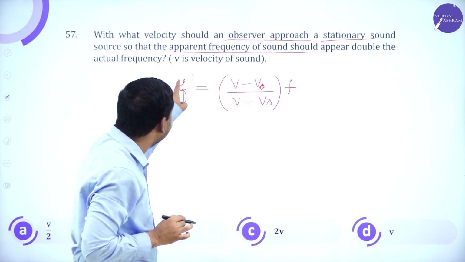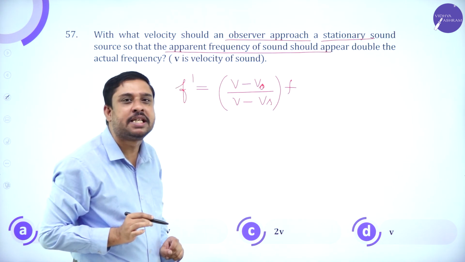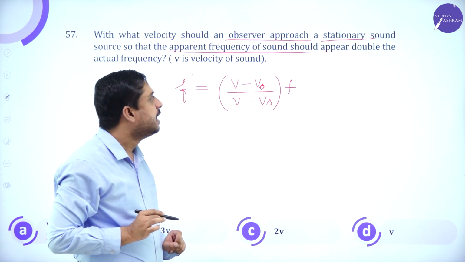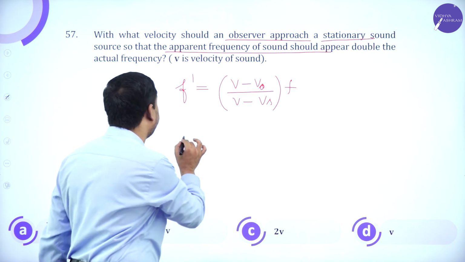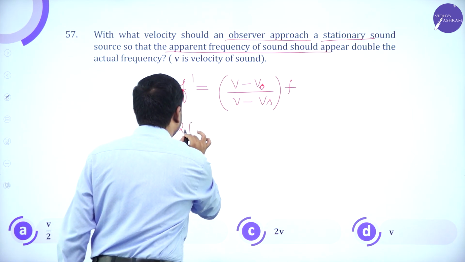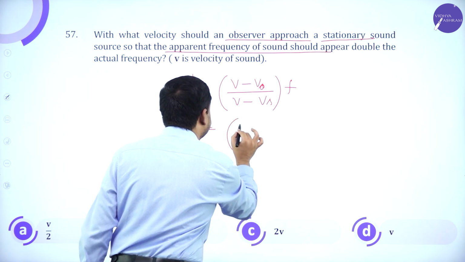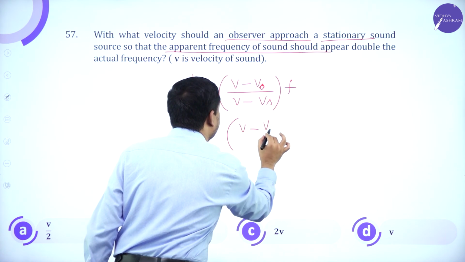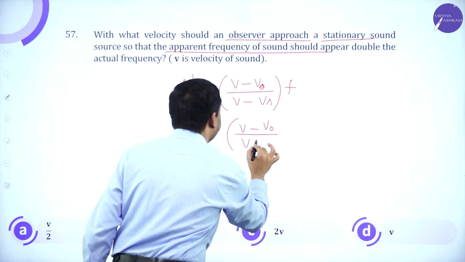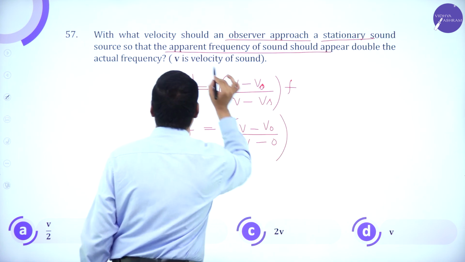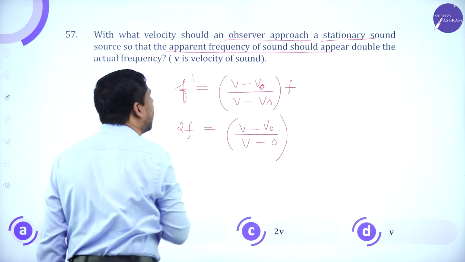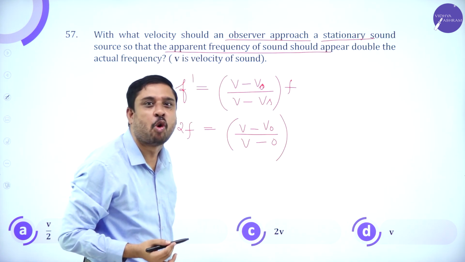Now, the apparent frequency f dash is double the actual frequency. 2f is (v minus v naught) by (v minus 0), because very clearly it is a stationary source.